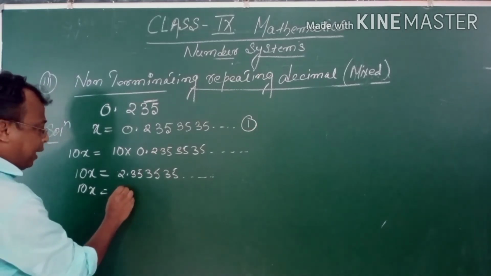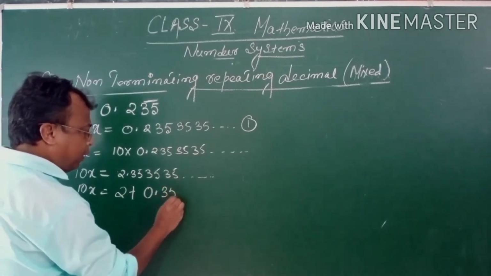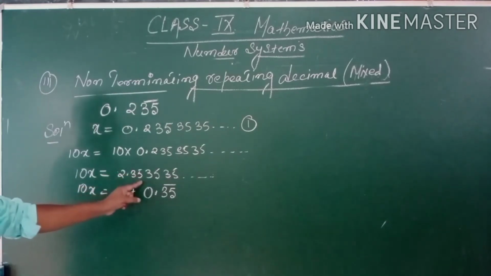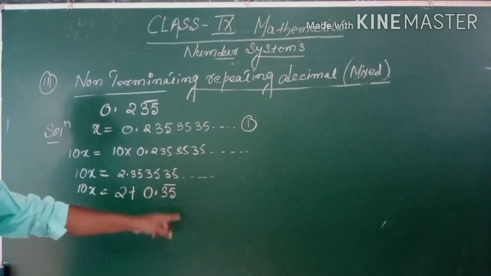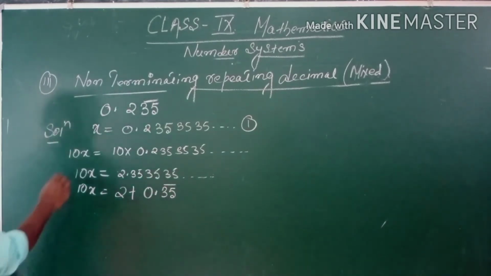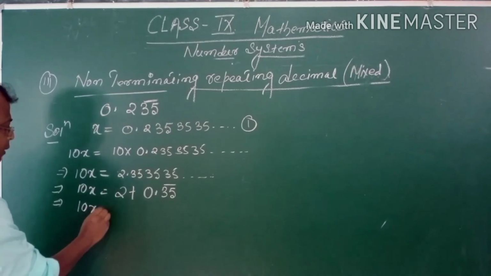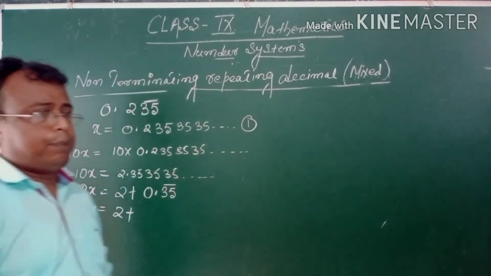Expand it: 2 plus 0.35 bar. Now it is 10x is equal to 2 plus 0.35 bar.